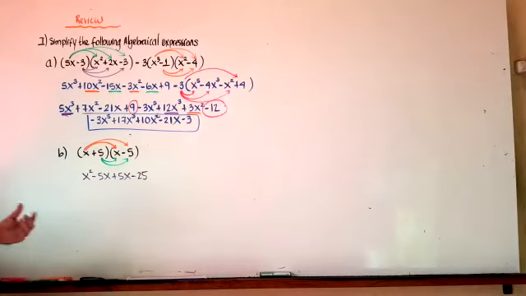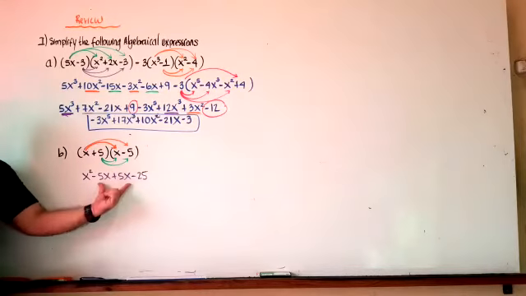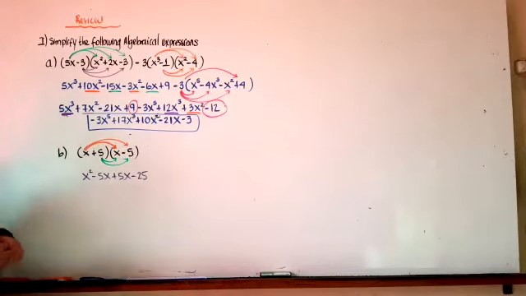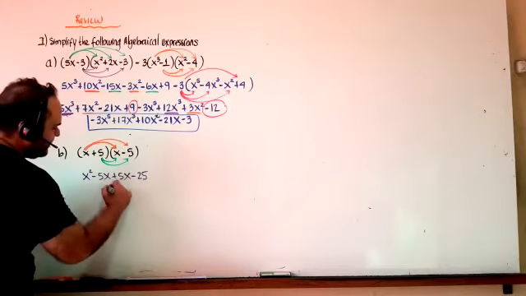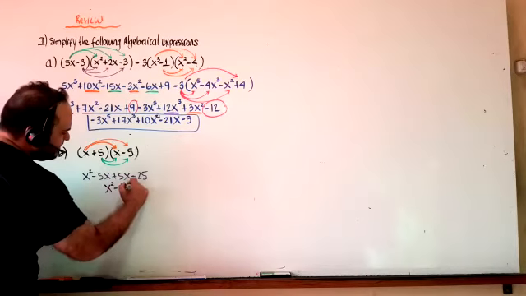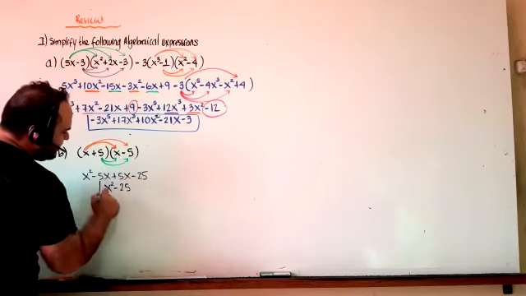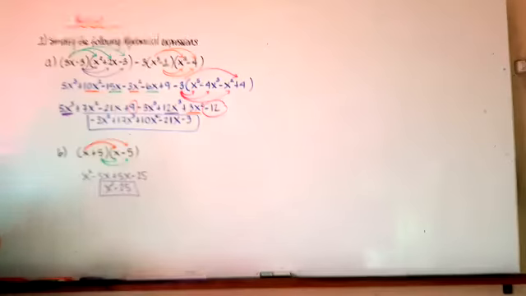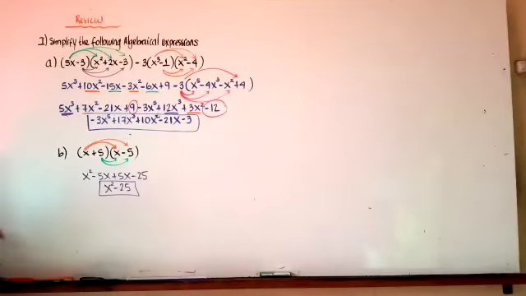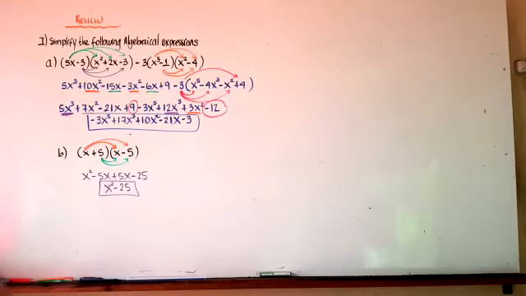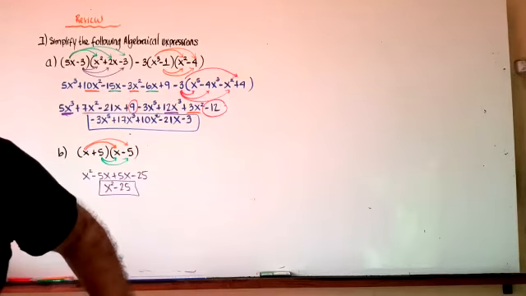As you can see, we have like terms in the middle, negative 5x and positive 5x. Negative 5x plus 5x will be 0. So these two terms disappear, and the answer will be x squared minus 25. You could write x squared plus 0x minus 25, but 0 times x is 0, so it won't be necessary.